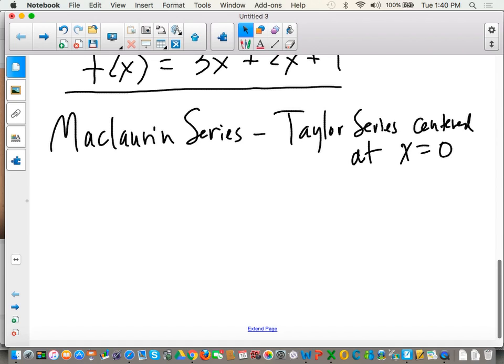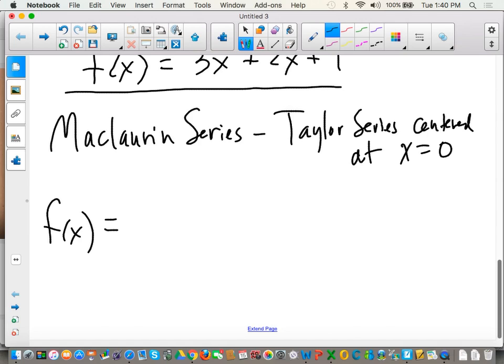Okay, so specifically, your function, whatever it is, if it was centered at 0, same story: we would start with the 0th derivative, in other words no derivative at all, and put 0 in. Plus you take the first derivative, put in 0, x minus 0, which would just be x to the first, over 1 factorial.